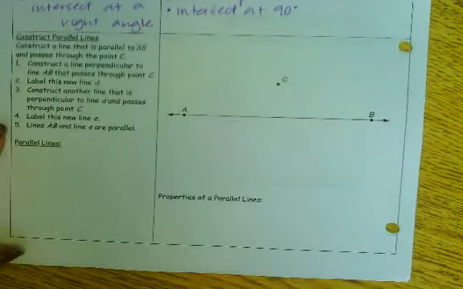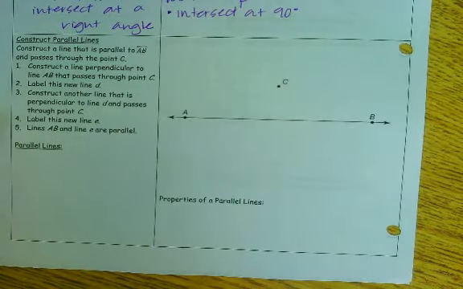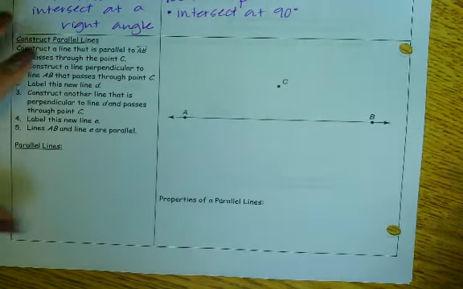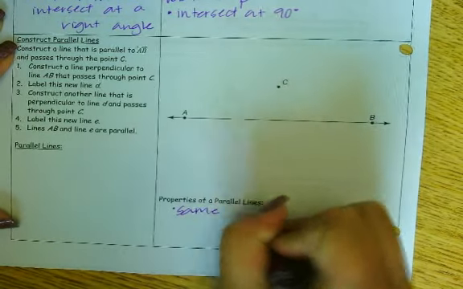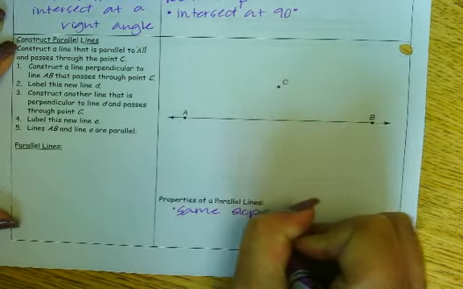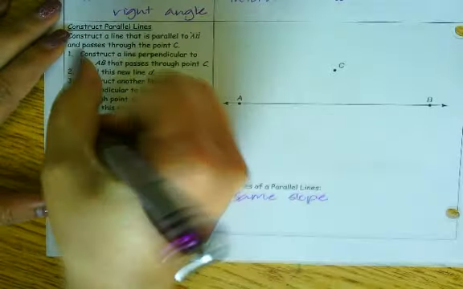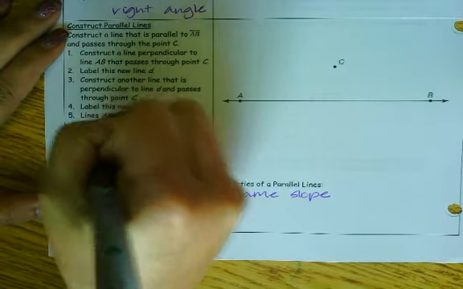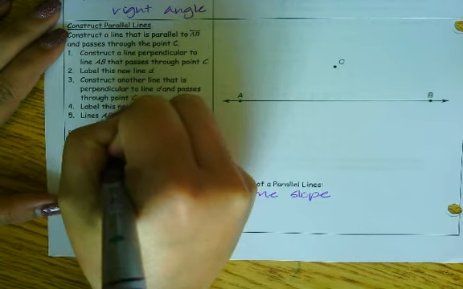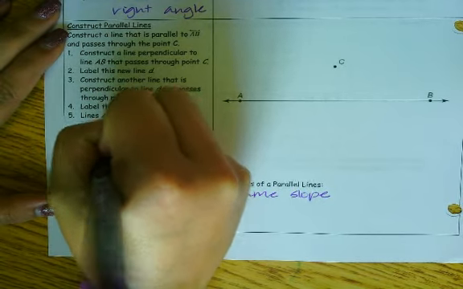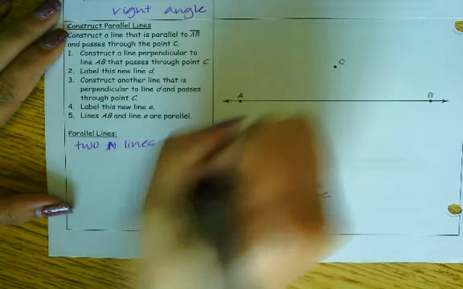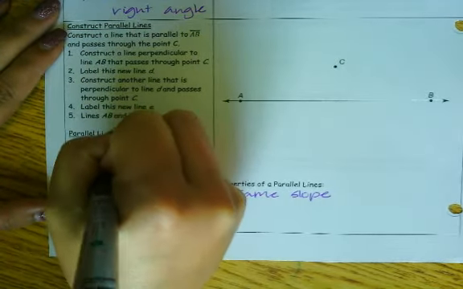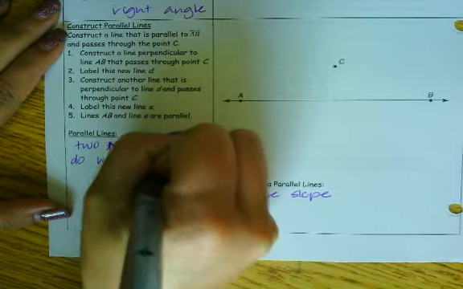Alright, parallel lines. What do we know about parallel lines? Same slope. They are two lines that do not intersect. What else do we know about parallel lines?